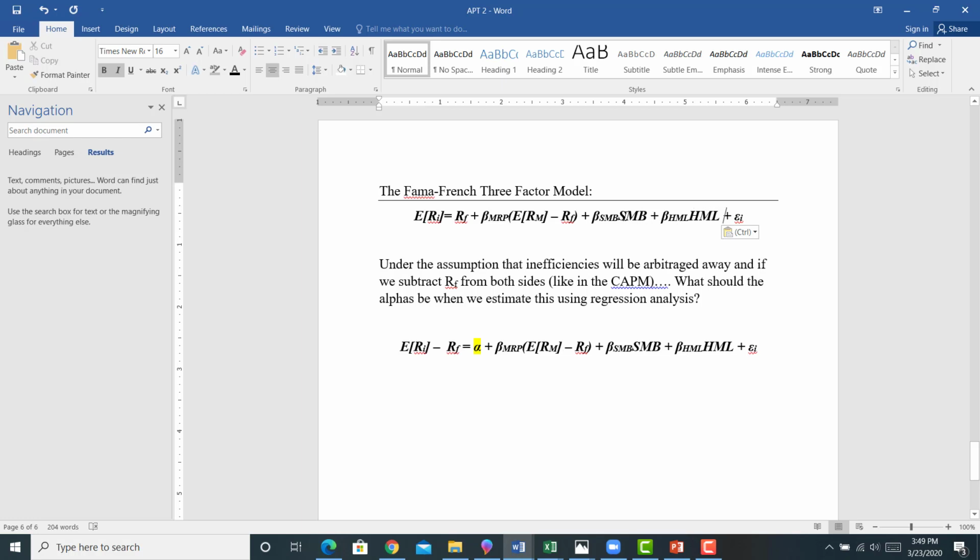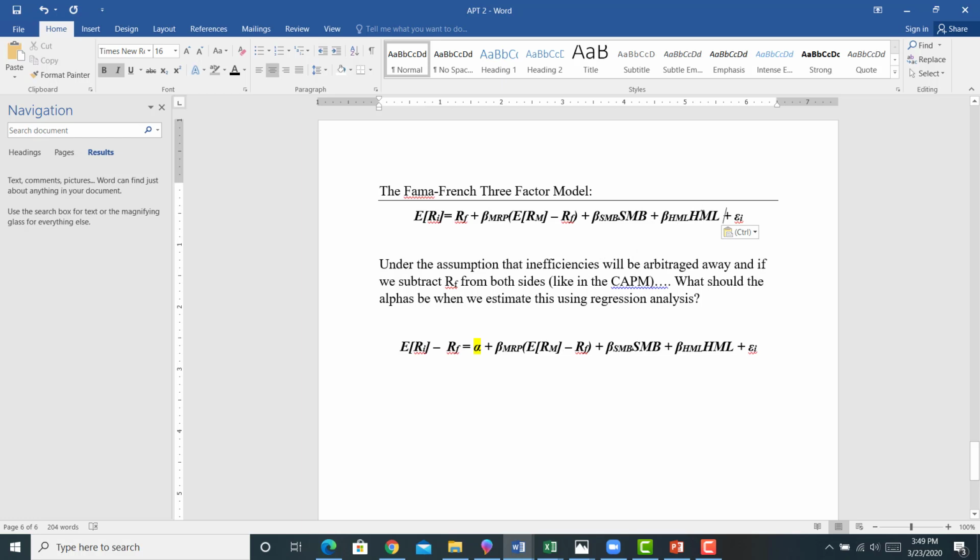The small minus big risk factor is capturing the returns of small cap stocks minus the returns of large cap stocks. Does that make sense? I'll explain that here in just a second if it's not clear.